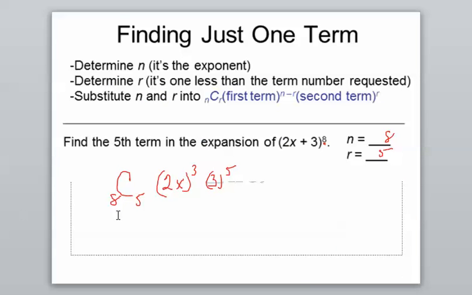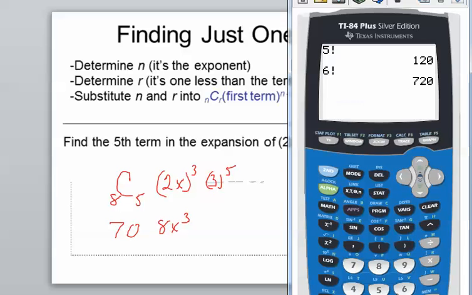So they actually show you how there's a calculator trick to finding those, and that's a 70, and this is going to be an 8x cubed, and this is going to be 3 to the 5th, 3, 9, 27. Oh boy, I can't go any higher than that multiplying my 3's. So 3 raised to the 5th power gives me 243.